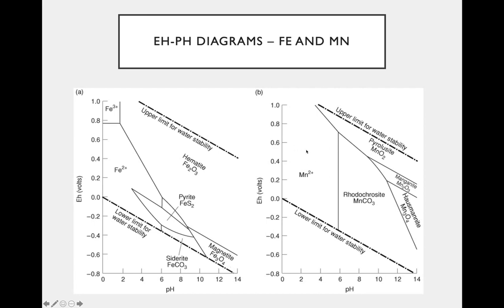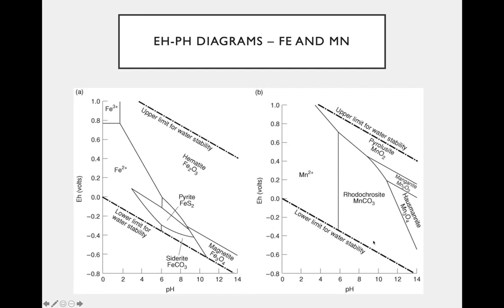And for manganese, here's manganese 2+. If we go to increasing pH, we can get rhodochrosite, manganese carbonate, and if we oxidize, we can form pyrolusite, manganese oxide. And so we have different stability limits based on their solubility in water.